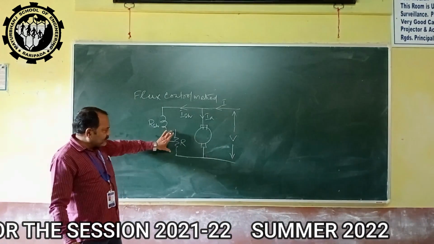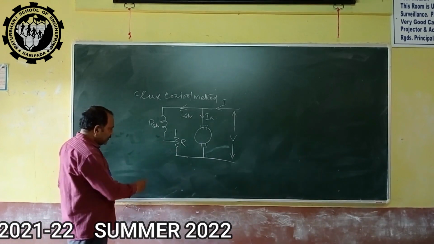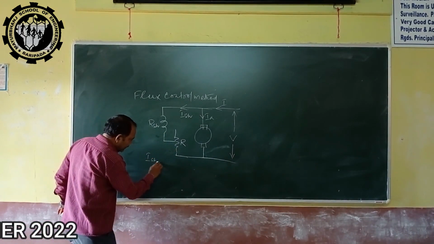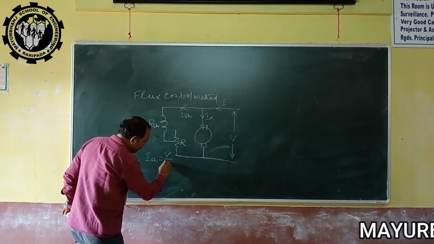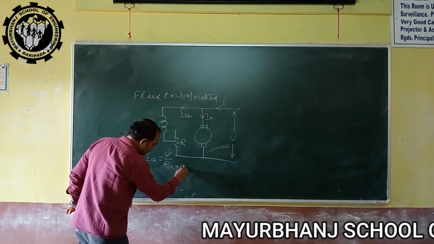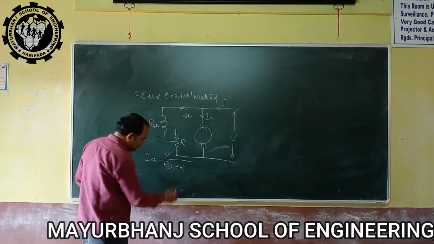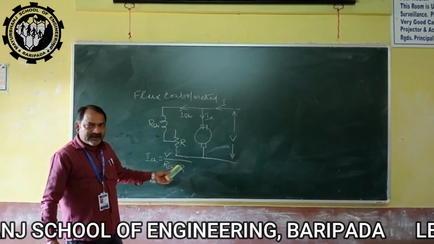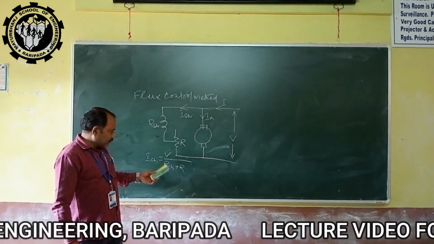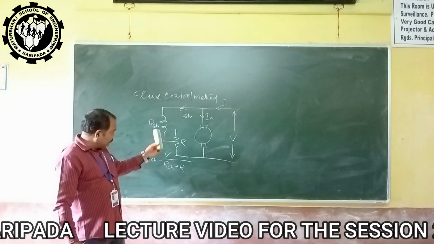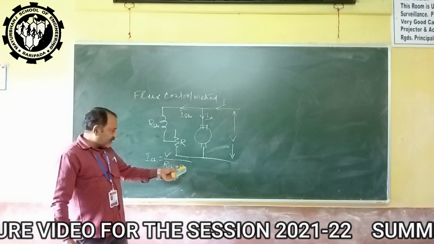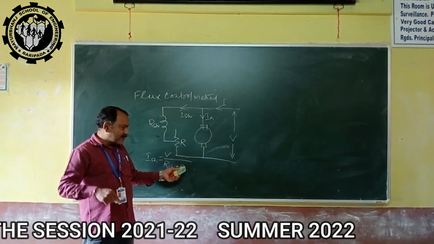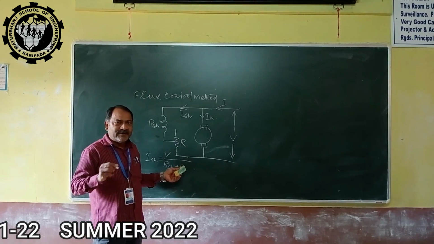Whenever we vary this field circuit, the field current is given as Ish = V/(Rsh + R), because this is the total resistance of the field circuit. Rsh is the field coil resistance, and R is the external resistance included in the field circuit.